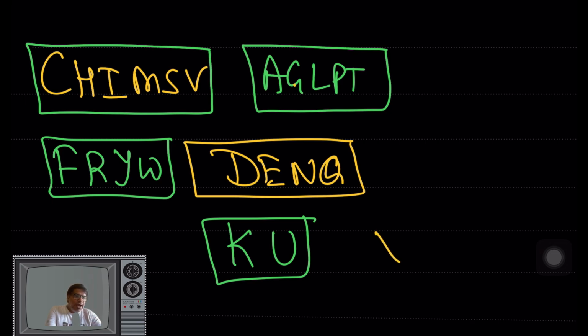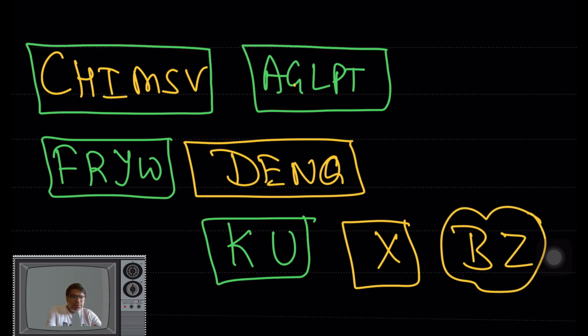Now B and Z and X. X is for any amino acid, and B and Z I have explained, when there is confusion between asparagine and aspartate, glutamine and glutamate. So here we are going to have in one case B, another Z. So hopefully you have learned all of these things.